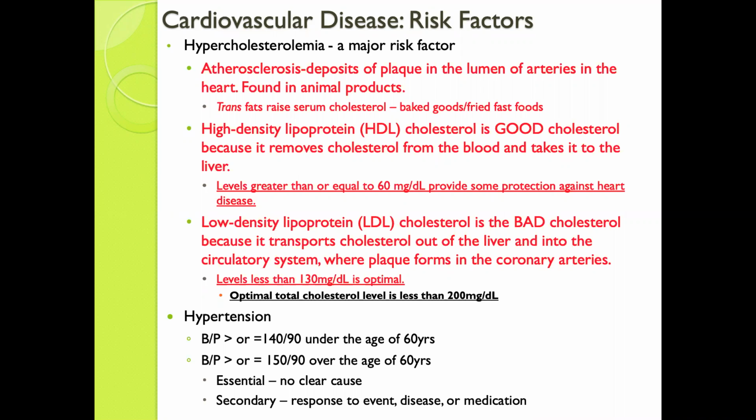This can promote hypertension, which is a blood pressure greater than or equal to 140 over 90 under the age of 60, and greater than or equal to 150 over 90 over the age of 60. Your blood pressure gets checked routinely when you go to the doctor's office, and that could be an indication of underlying disease.